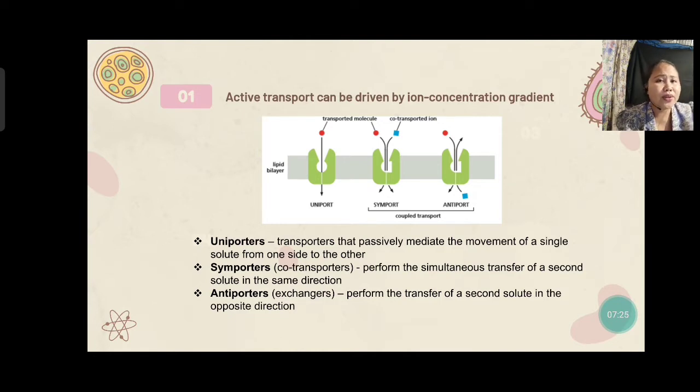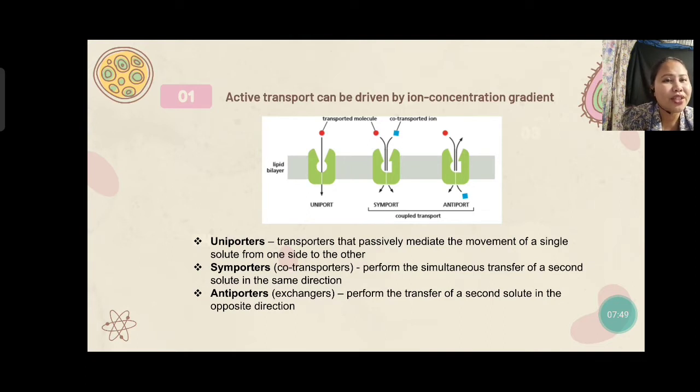Uniporters are transporters that passively mediate the movement of a single solute from one side to the other. So uniport is downhill in its motion. It transports passively and mediates the movement of a single solute from one side to another.